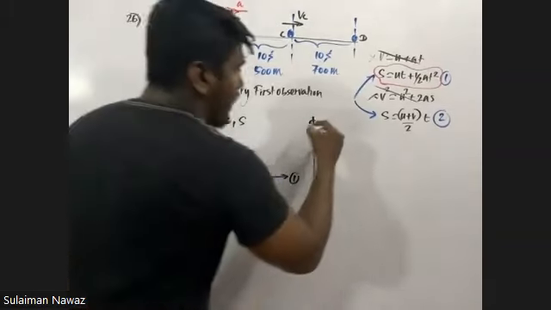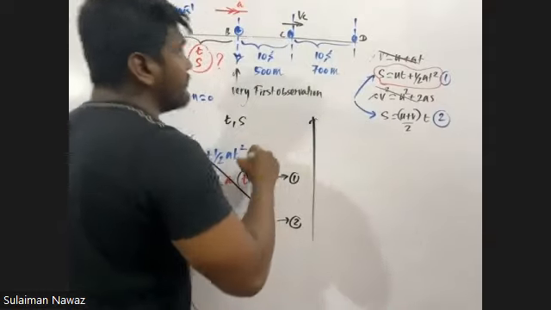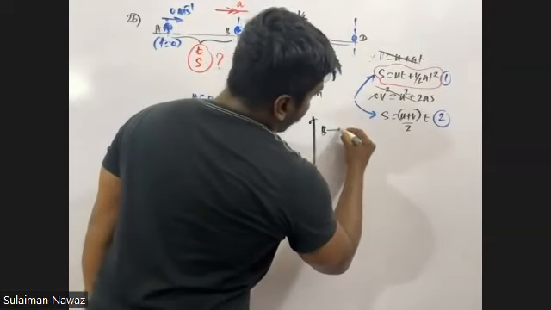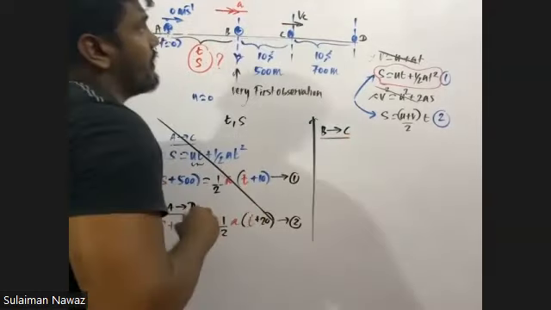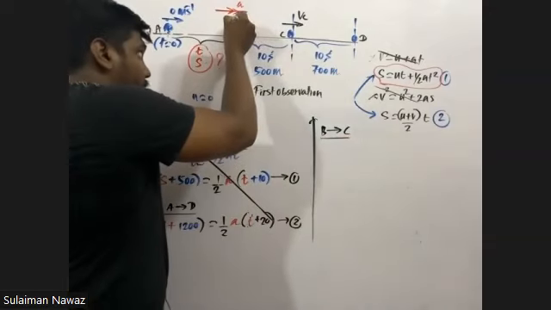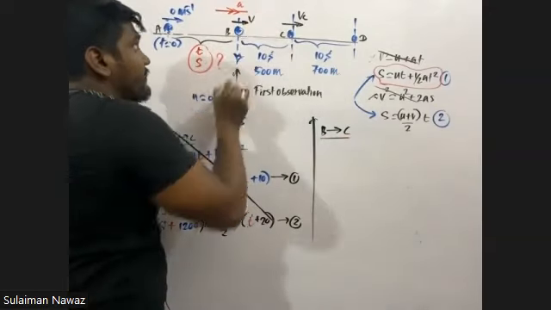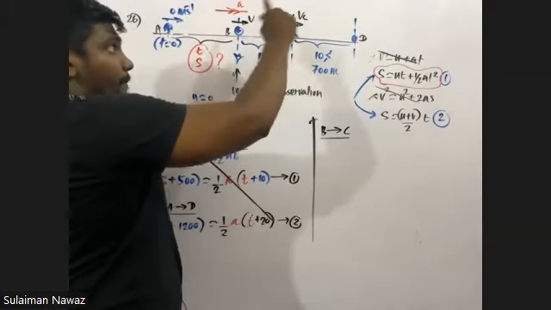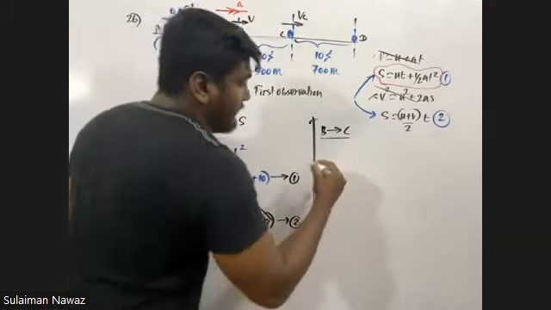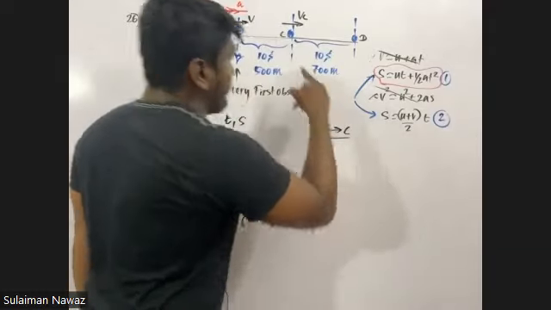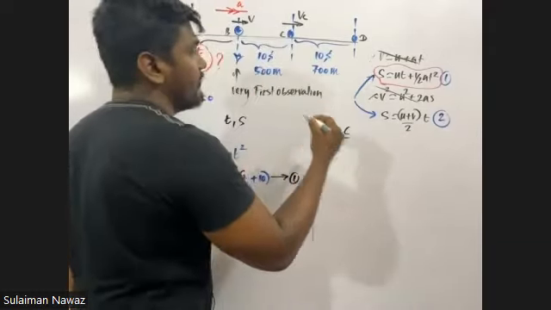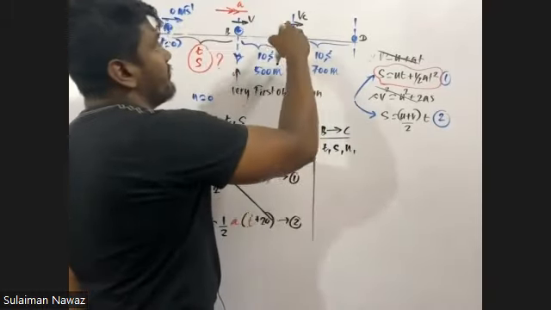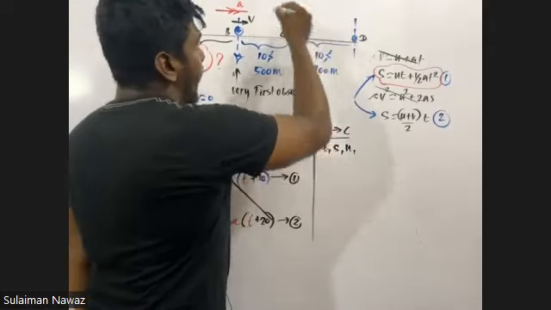So what if I apply the linear motion equation from B to C and B to D motion? From B to C. Let's say the velocity at point capital B is V. From B to C and B to D, I am selecting a linear motion equation involving time and displacement, initial velocity and acceleration.